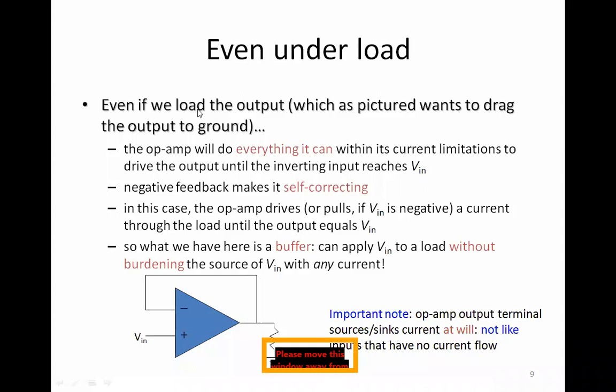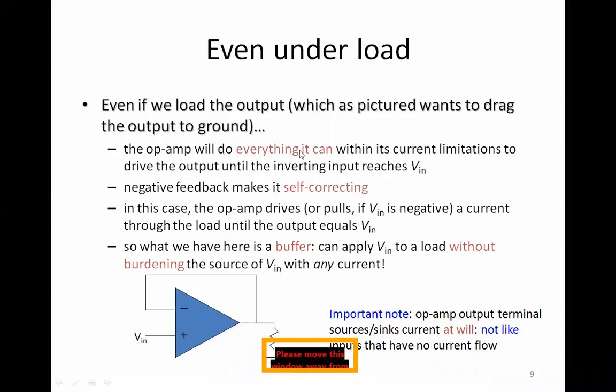Even if we load the output, as pictured, it wants to drag the output to ground. So let us assume that we are getting some output here, and this output passes through the resistor and then through the ground. So even if we are connecting it to ground via a resistor, what is going to happen?